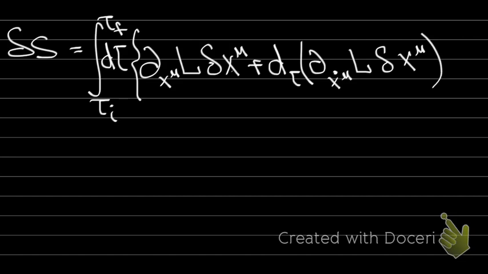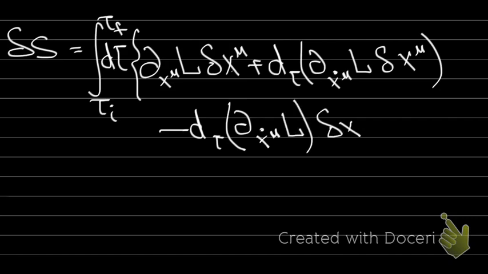Let's close the bracket, and the next expression would be negative the total proper time derivative of partial x dot mu of my Lagrangian, multiplied by delta x mu. Let's close these curly brackets, and if you look at this equation over here, this second term in this equation will actually vanish, so that integral would be equal to 0.